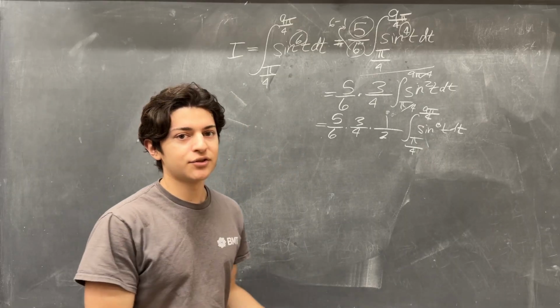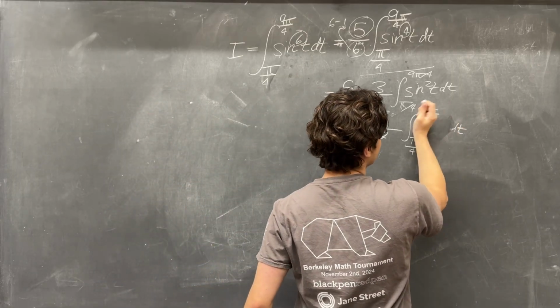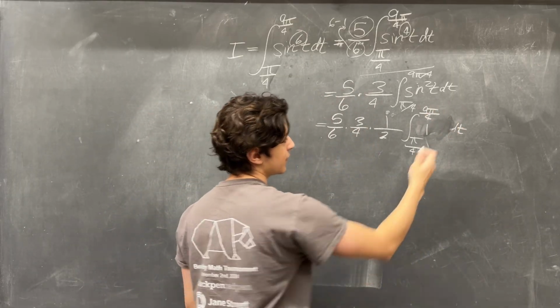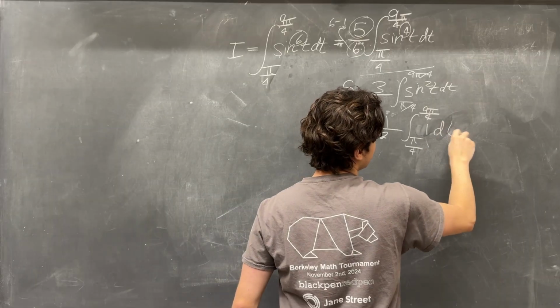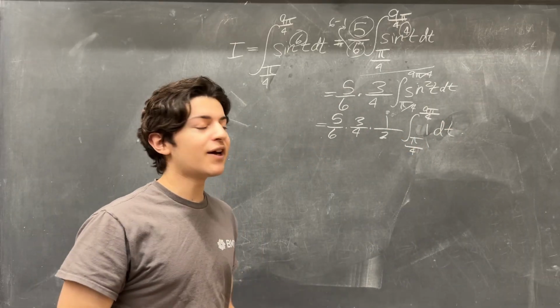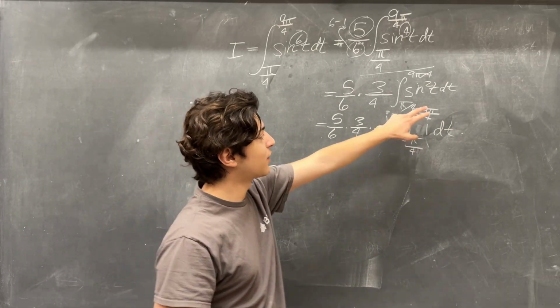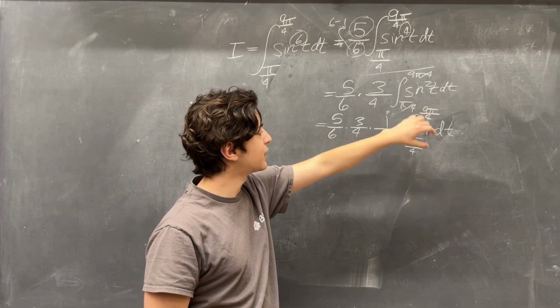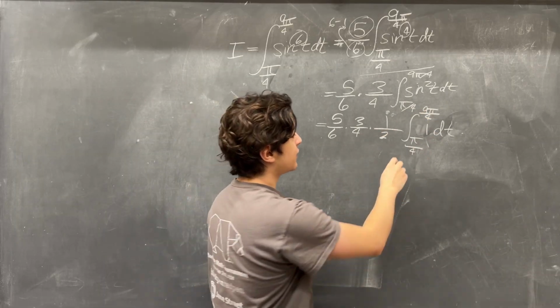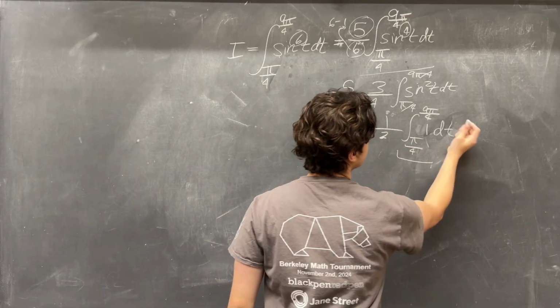But sine to the 0 is just 1, so we can just replace that with 1. But this is a very simple integral to evaluate because it'll just evaluate to whatever the difference between the two bounds is, and that is just 2 pi.